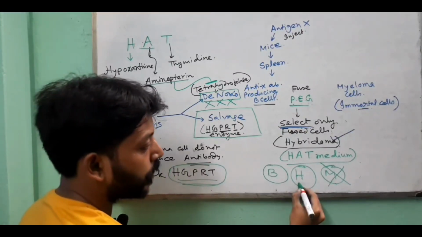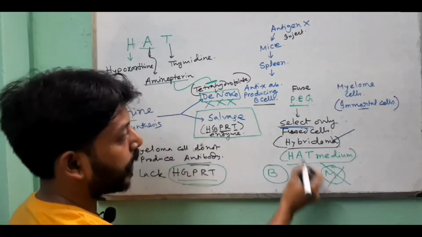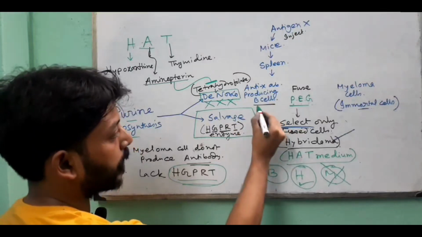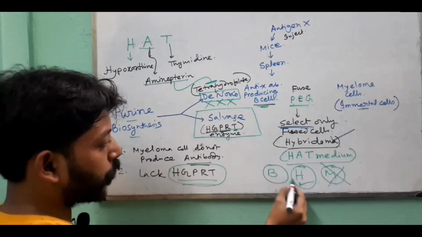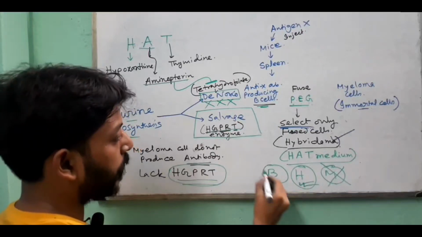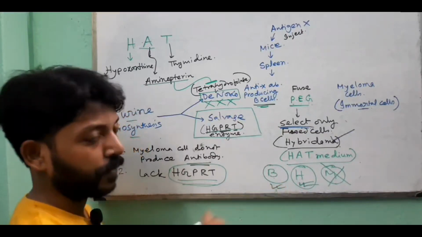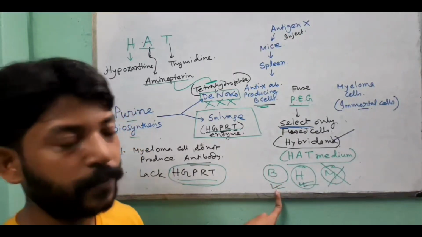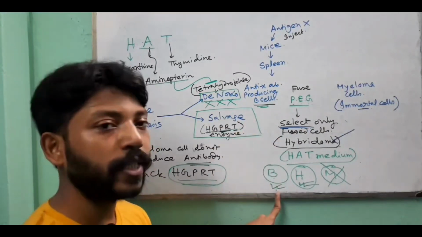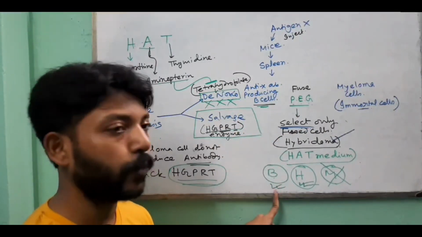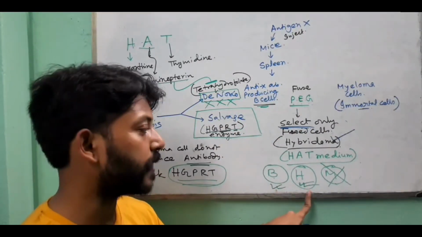But the hybridoma cell contains the B cell, and this B cell contains HGPRT, so the hybridoma cell can survive. Unfused B cells can also survive for a while. There is no problem with these B cells because they produce anti-X antibody, but eventually these B cells will die because they are not immortal. But there is no problem because there are hybridoma cells.